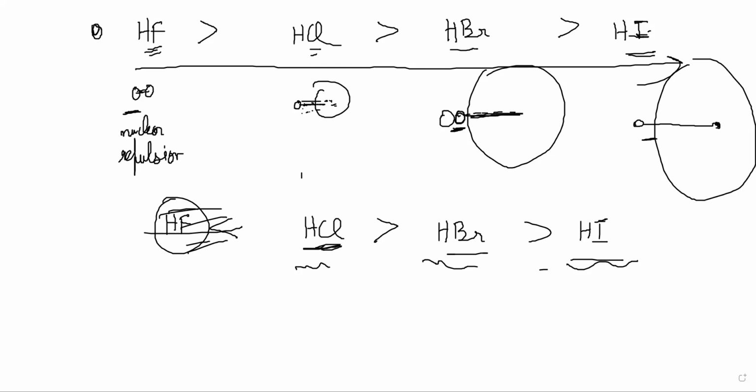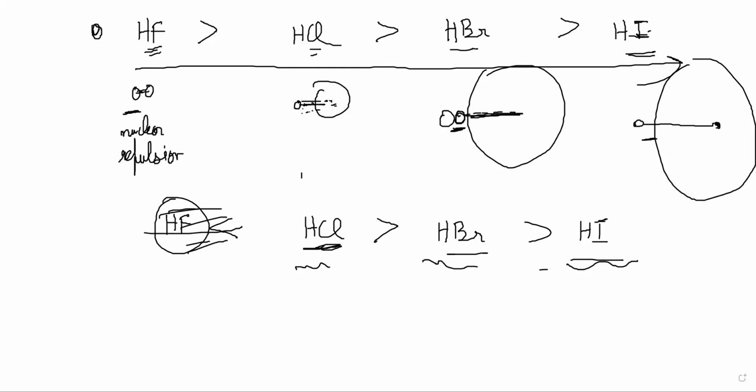So far he has talked about two things: electronegativity and bond strength. Both factors could operate, and they may be in opposition to each other. In one case, he has talked about the fact that bond strength is much more important, and therefore acidity of HF, HCl, HBr, HI increases as you go down the group.